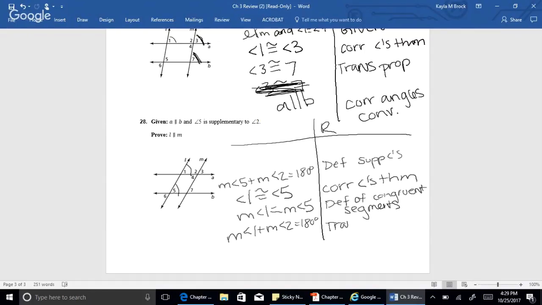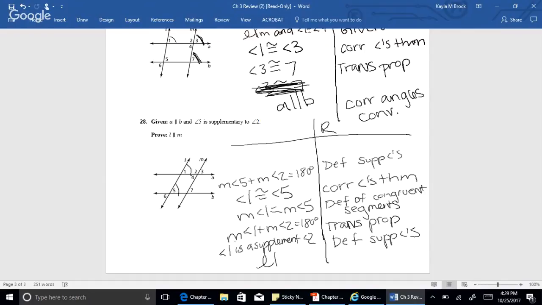This is the transitive property. Angle 1 is a supplement of angle 2, which is the definition of supplementary angles.